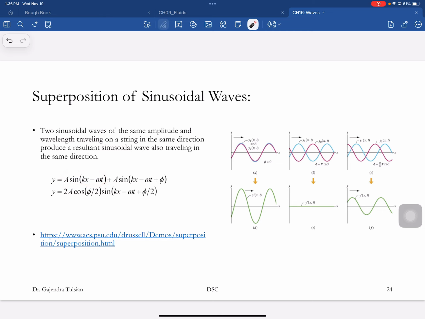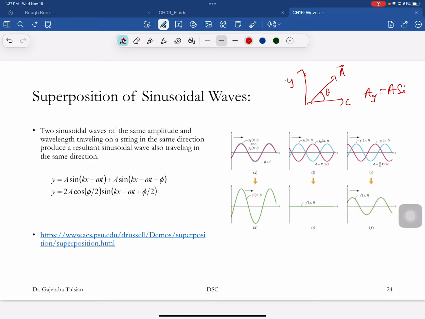So if you have a vector A, what is the y component of that vector? Anybody remember? A_y is A sine theta. And the x component is A cosine theta.